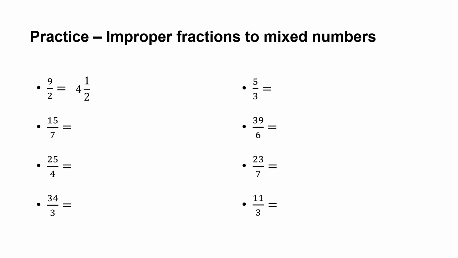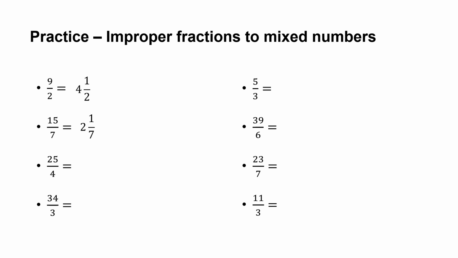Next, we have 15 over 7. So if we divide top by bottom, we get 2. And then 2 is equal to 14 over 7. So our remainder term is going to be 15 over 7 minus 14 over 7. So we have 2 and 1/7.